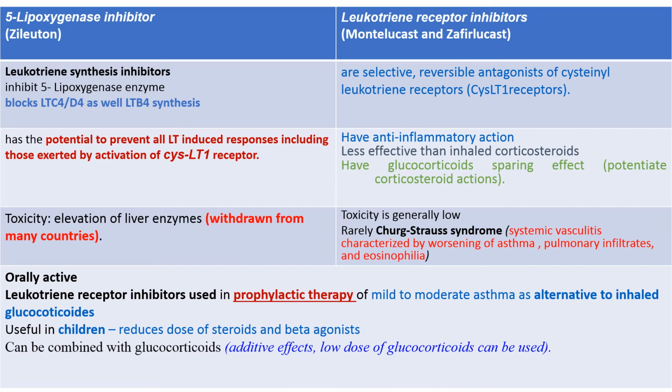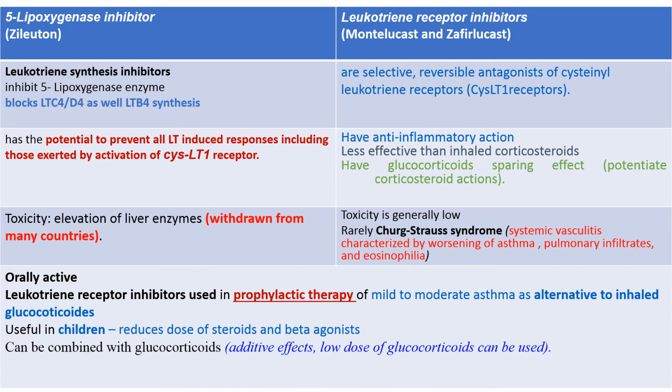Now let us move on to the second category, that is leukotriene receptor antagonists. These are selective reversible antagonists of the cysteine leukotriene receptor. And in contrast to the 5-lipoxygenase inhibitor, their toxicity is relatively low. Very rarely you can notice Churg-Strauss syndrome, which can manifest as systemic vasculitis, but that is very rare.